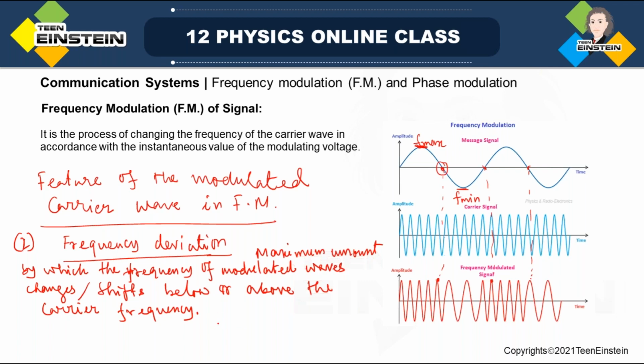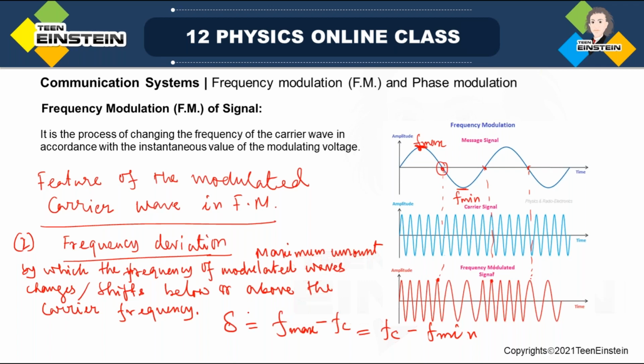The frequency deviation is denoted by delta, which can be written as delta = f max minus fc, where f max is the frequency at the maximum amplitude of the original signal, or delta = fc, the carrier frequency, minus f minimum. So this is called delta.